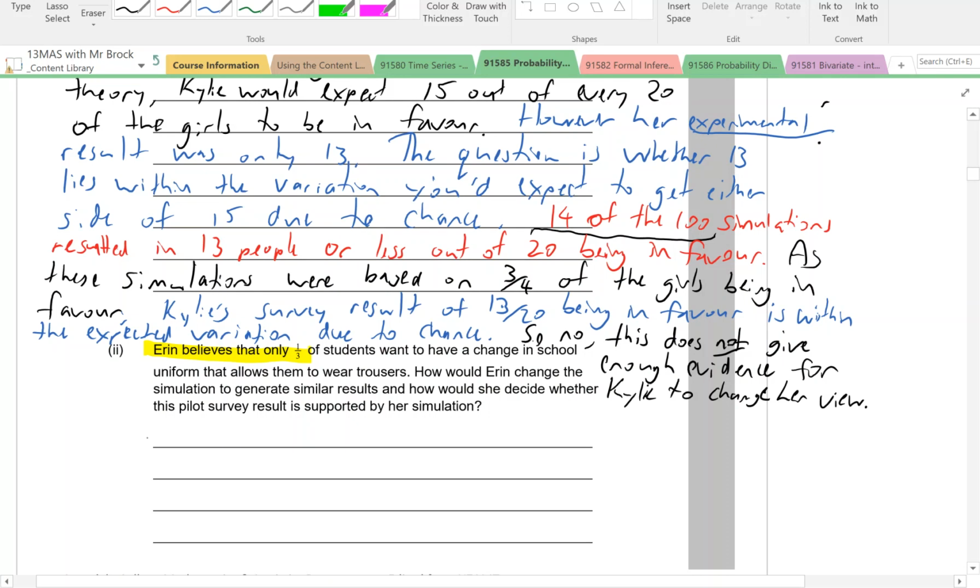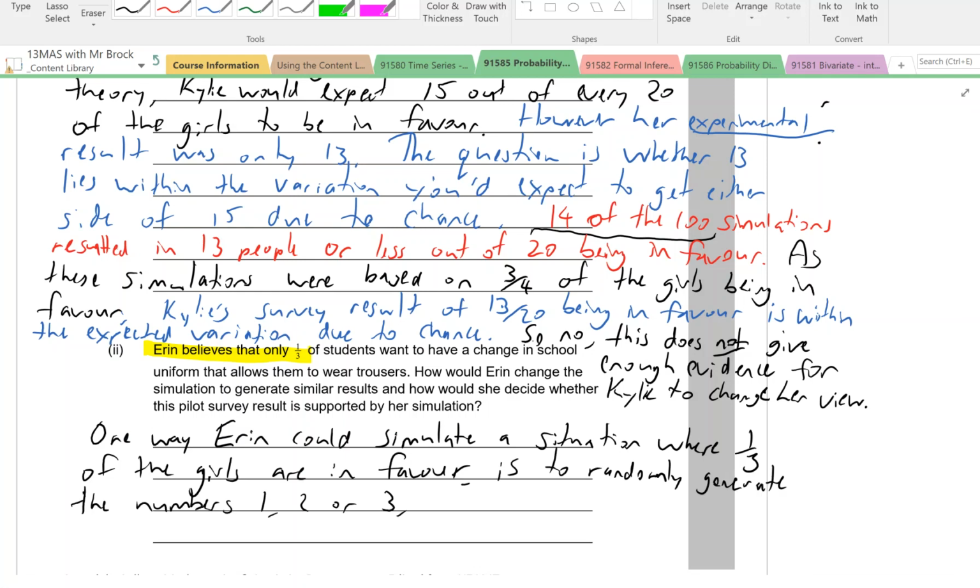Well, one way Erin could simulate a situation where 1/3 of the girls are in favour is to randomly generate the numbers 1, 2 or 3, where 1 represents a girl being in favour and 2 or 3 represents her being against.